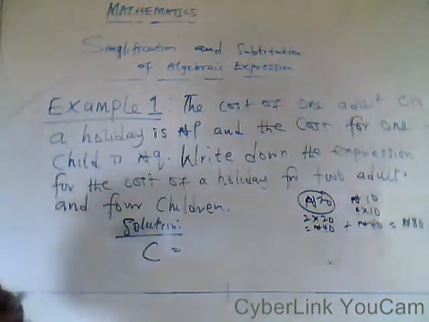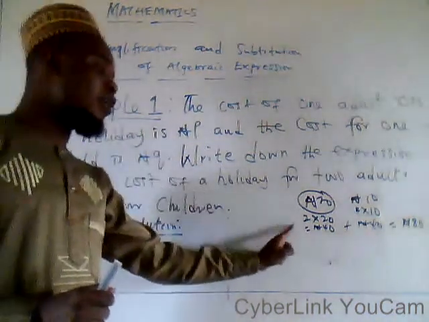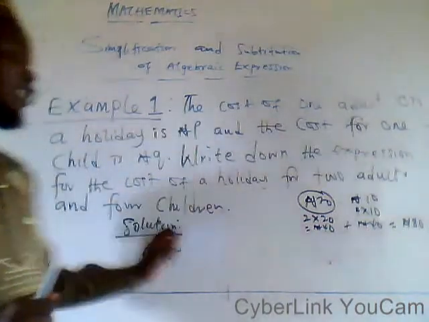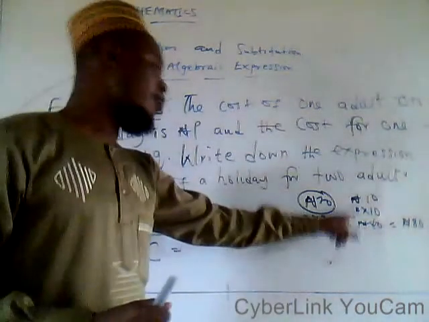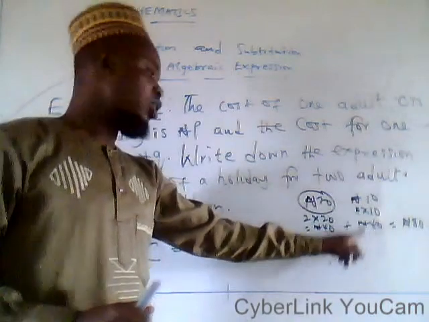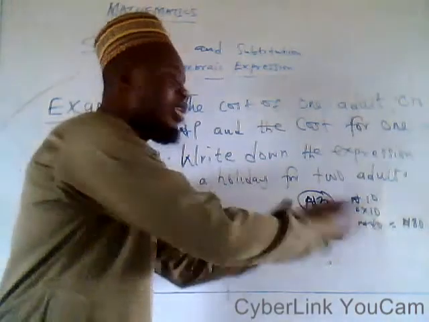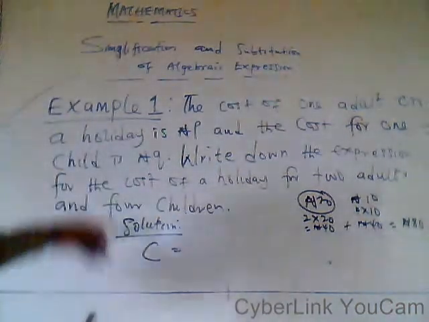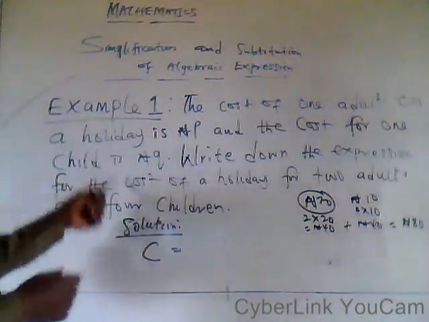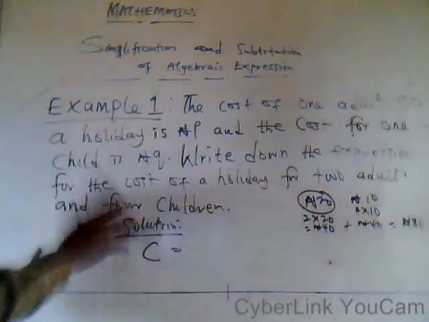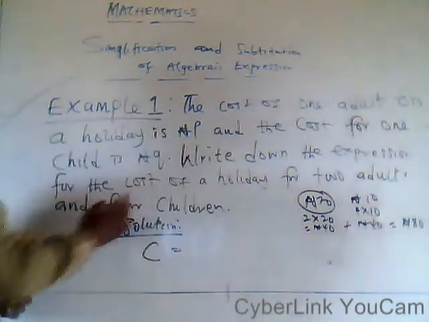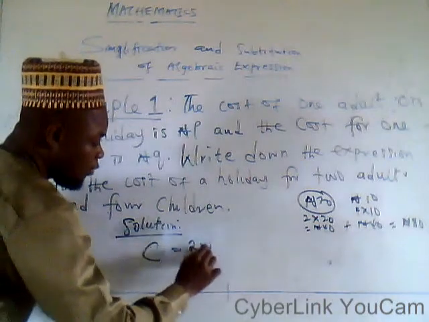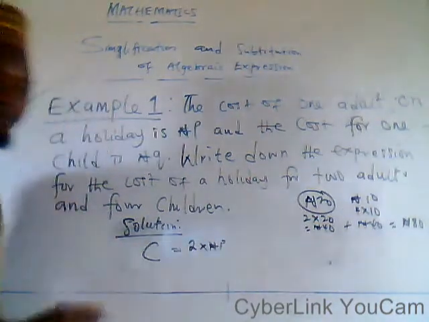So how do you get your value here? You multiply the number by the cost of 1 to get your 40 here, and you also multiply the number of children by the cost of 1 child. You also get 40. Now you combine the 2 together and you get 80 naira. The same thing is what you're going to do for this. The cost for the adult is P naira, and you have 2 of them, so for the adult you are going to have 2 multiplied by P naira.